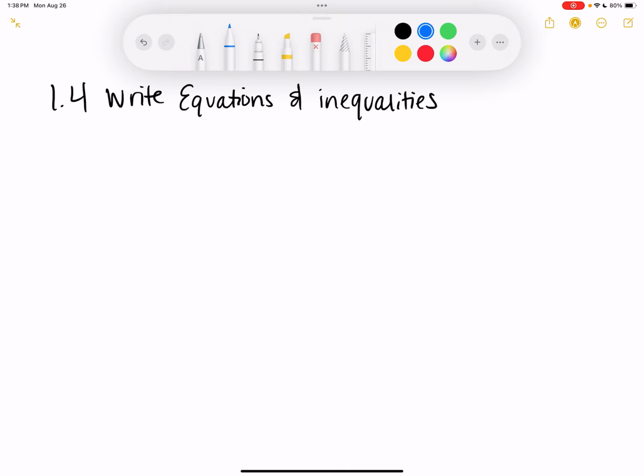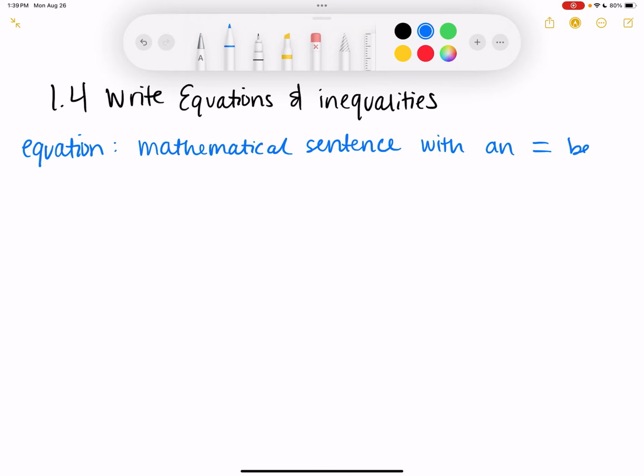An equation is a mathematical sentence with an equal sign between two expressions. So something like 3x plus 2 equals 8. That's an equation.